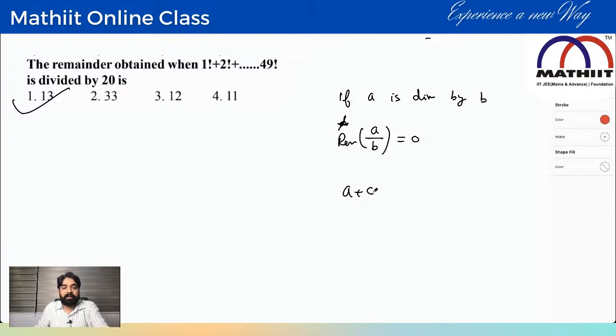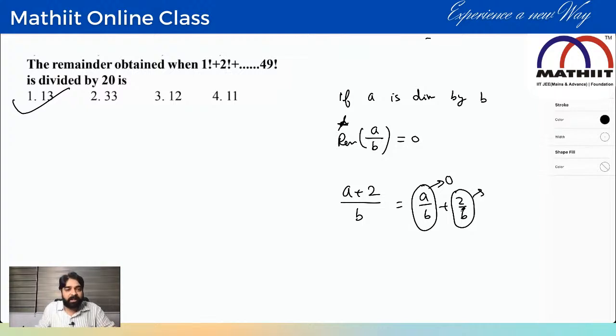I'm assuming it is a big number. What is the remainder when we divide this? We'll say this equals A by B plus 2 by B. A by B will give remainder 0, and whatever 2 by B gives as remainder, that will be the answer.